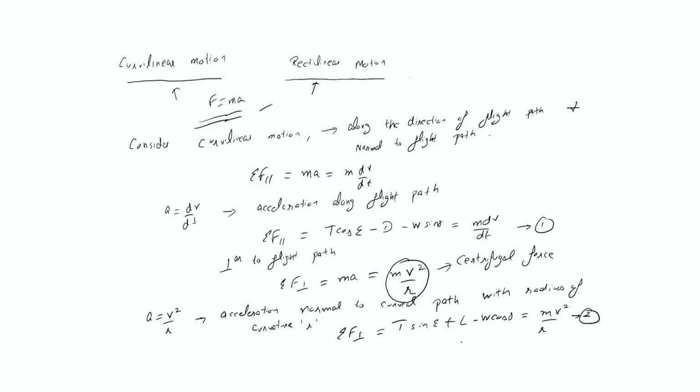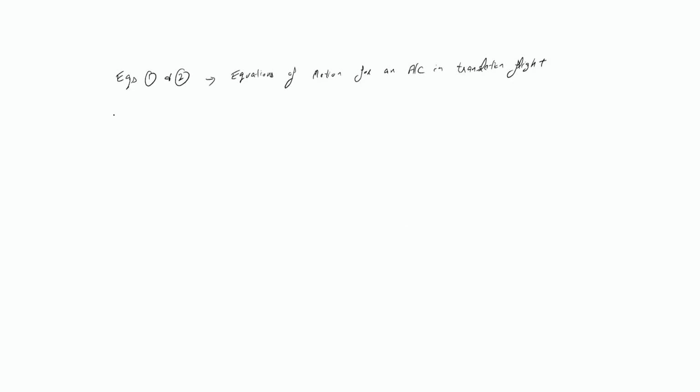For example, steady level flight: how do these equations look when we are flying in a steady level flight? So we will be considering static performance. Static performance leads to reasonable calculation of maximum velocity, maximum rate of climb. Now what is rate of climb?